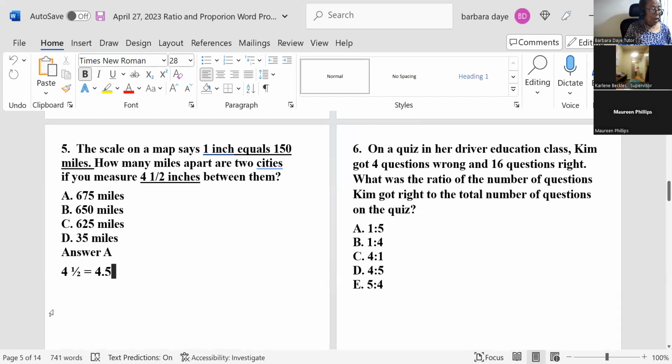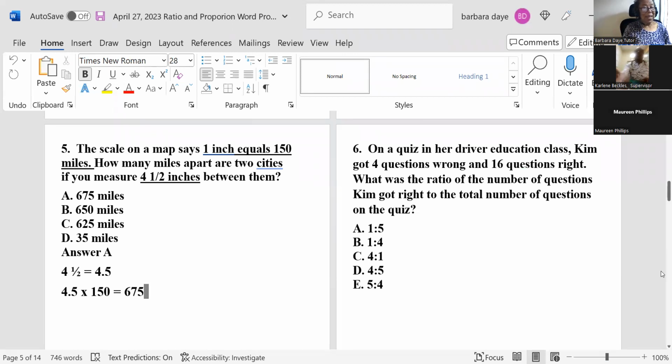If 1 inch is 150, 4.5 inches would be 4.5 times 150. And that's equal to 675. Excellent, Maureen.